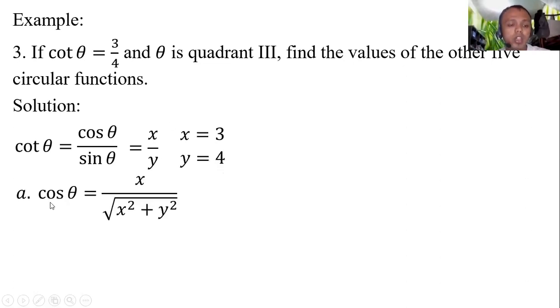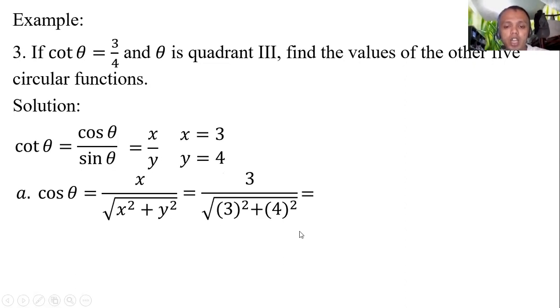Now, to find the cosine theta here equal to x over by square root of x squared plus y squared. So ito yung gagamitin natin para mahanap si cosine theta. Hindi lang tayo mag-stick by 3 kasi meron pang ibang value yan. Now, substitute your x to 3 over by your x squared is 3 squared, your y squared is 4 squared. 3 squared is 9, then 4 squared is 16, 9 plus 16 is 25.